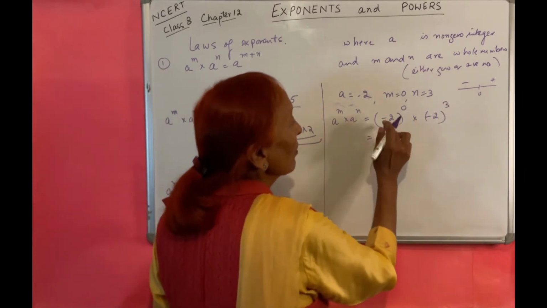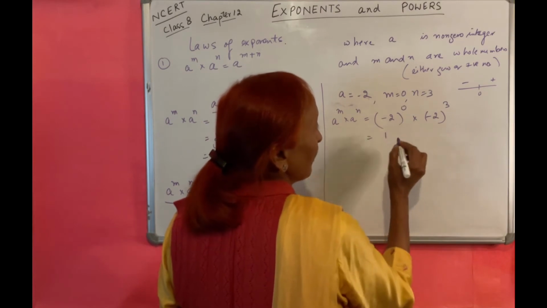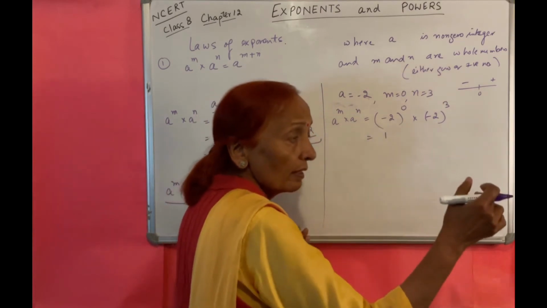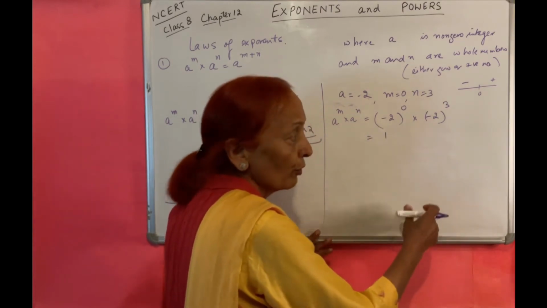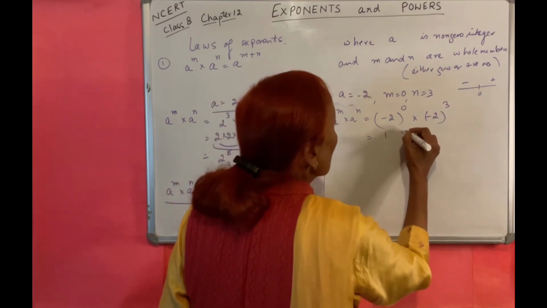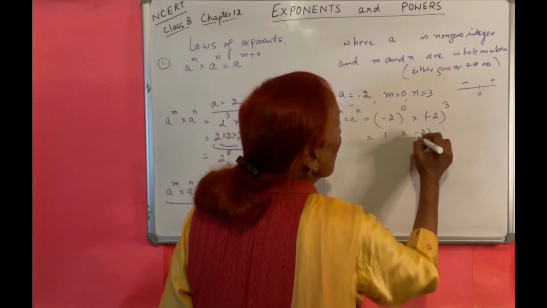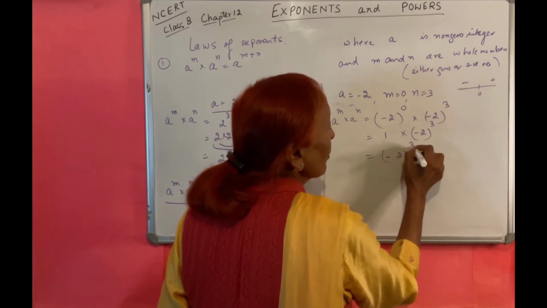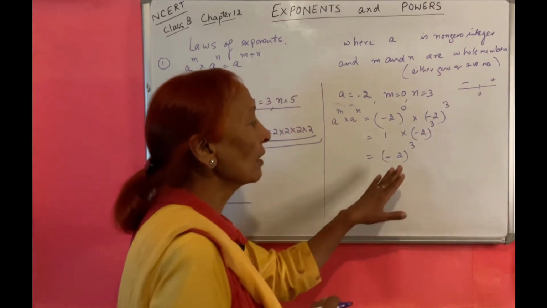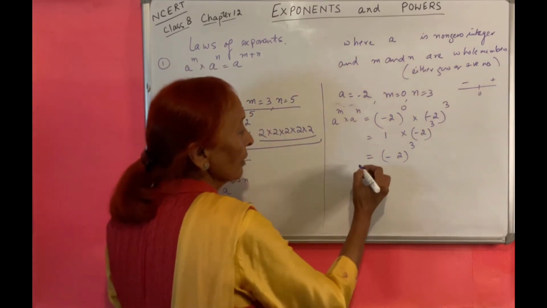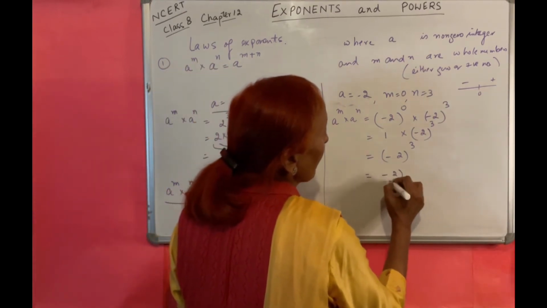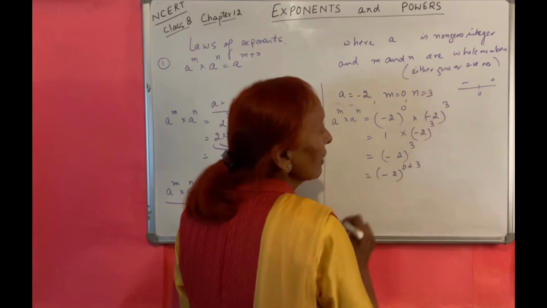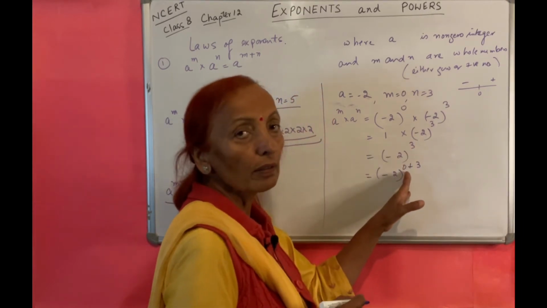So any number raised to power 0 is 1. Why this is 1, I will tell you later in this video only. And into minus 2 raised to power 3. So this is minus 2 raised to power 3, 1 into any number is the number itself. Okay, so I can write this as 0 plus 3.